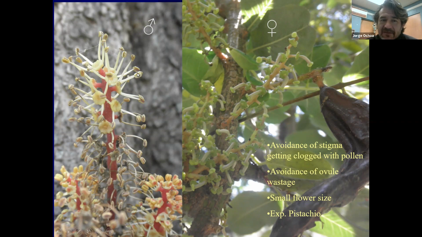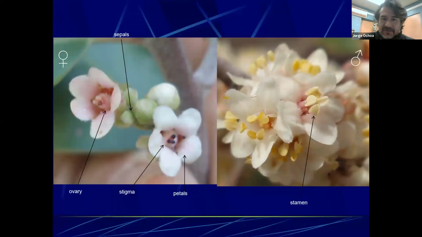And so the pollen from the male tree has to reach the stigma of the female tree. And so only the females will bear fruit, and that is because they have the female flower. The male is just going to produce the pollen, and that's it. They will never have a fruit. So this ensures that there will definitely be an outcrossing and avoiding that selfing.